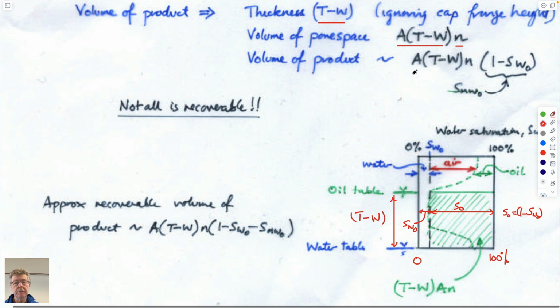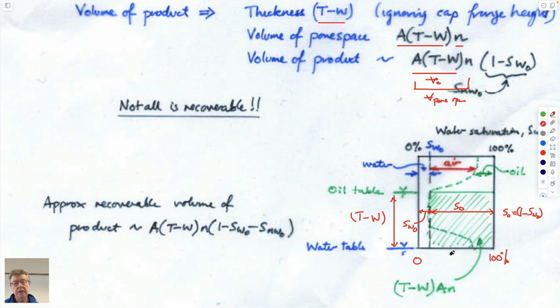So this is the volume of the aquifer. This is the volume of the pore space. And this is the proportion of the pore space which is filled with NAPL, just by definition.